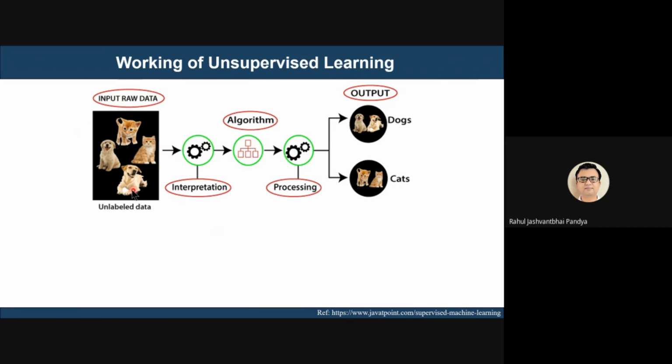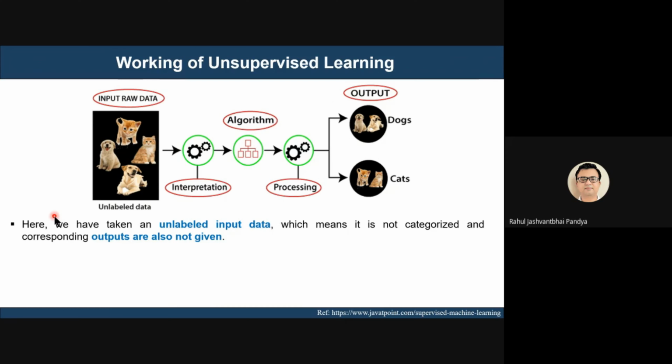It will interpret that one set of images is slightly bigger, whereas a second set of images is slightly smaller. That's the pattern the model identifies, and then it segregates those patterns into different groups: larger dimension elements categorized as dogs, and smaller dimension elements categorized as cats. That's how the training happens.